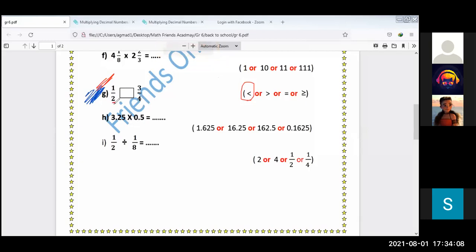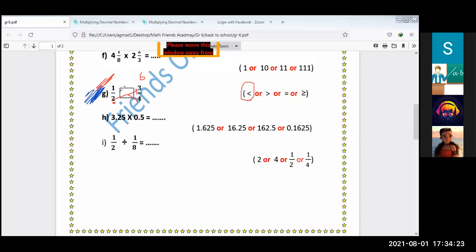You can multiply this denominator by this numerator and write the answer here. 2 times 3 equal 6. In the other one, the same thing, you will do it here. It will be 4. Now, you have this number and this number. What is the bigger number, 4 or 6?